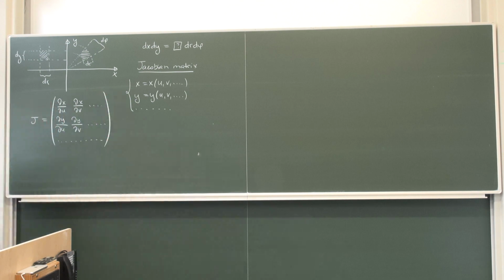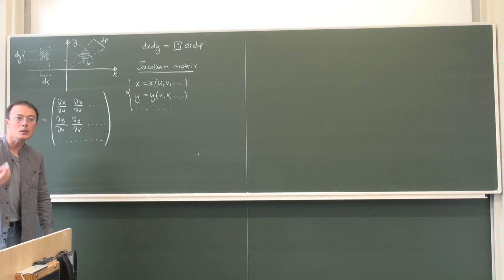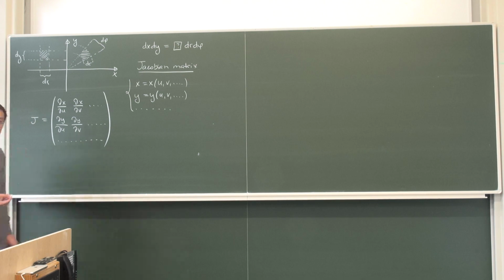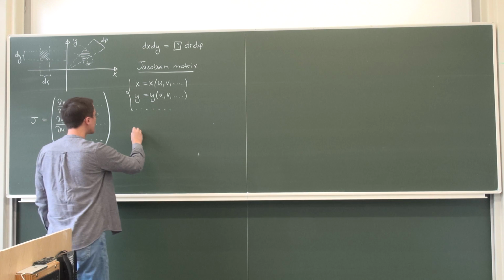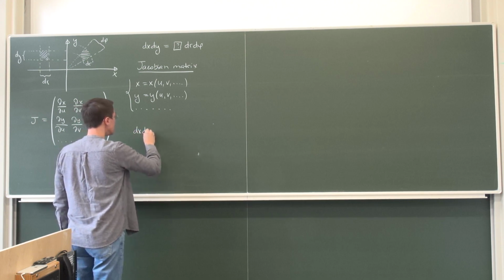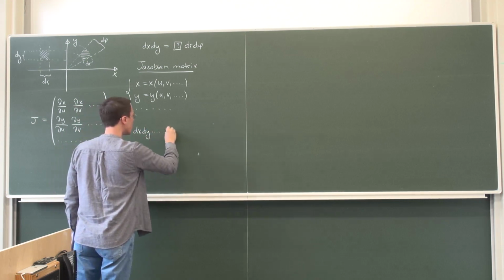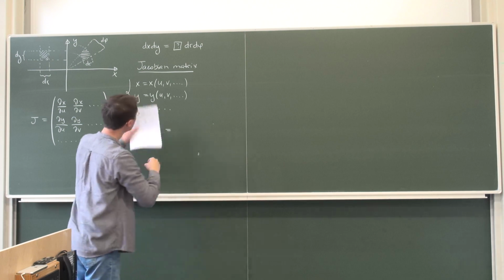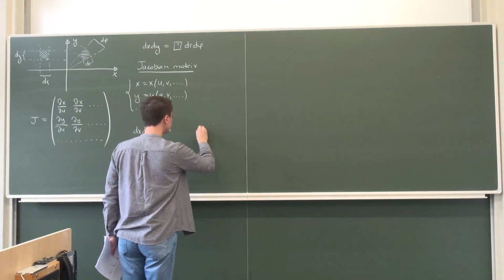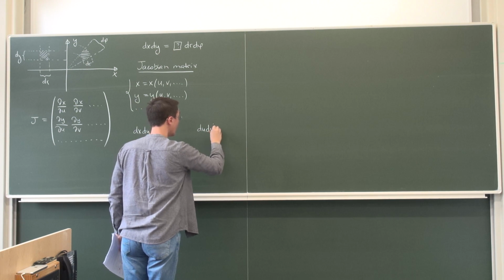Now, there is a theorem which we unfortunately in this course do not have the time to prove. I don't think it's even in Steiner, but you can look it up in the deeper mathematics textbooks, that dx, dy, and so on is connected to du, dv, and so on.